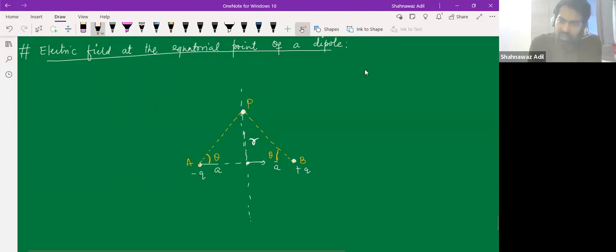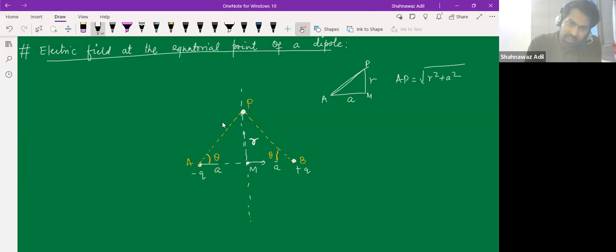Using the Pythagoras theorem, we have this triangle, this is r, this is a. We want to find this AP. Let's say the center is M. So AP would be root of r square plus a square. Similarly, BP is root of r square plus a square. Is that clear, guys?